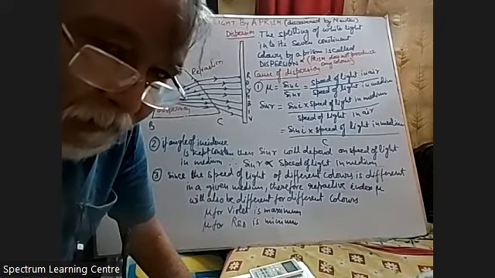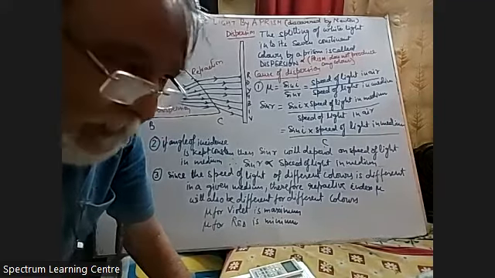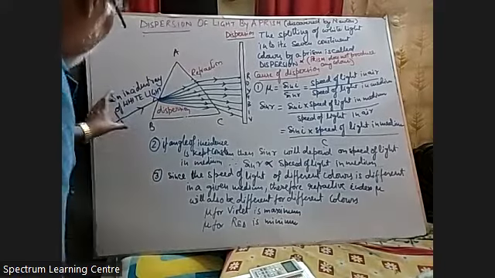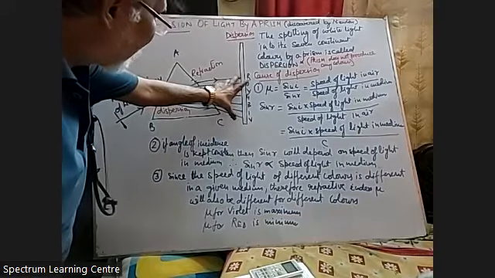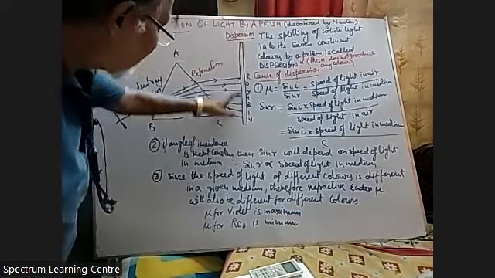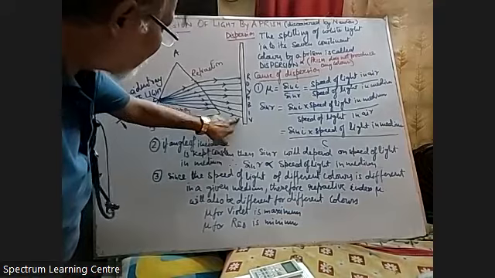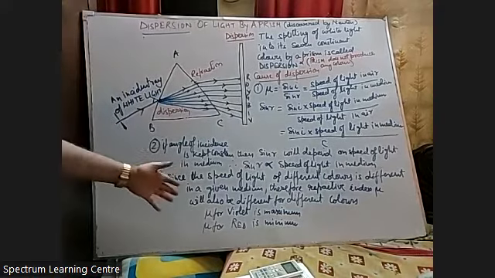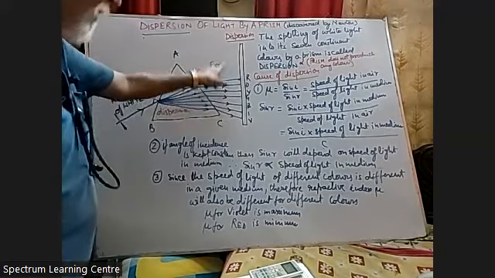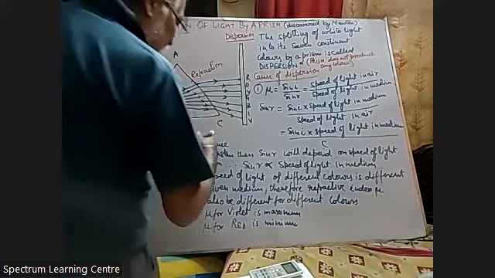Clear? Yes, sir. So the thicker will be the ray, the thicker will be the spectrum. This is known as spectrum. The band of color obtained. We'll write, just finish this. The band of color obtained, you write here on the screen.